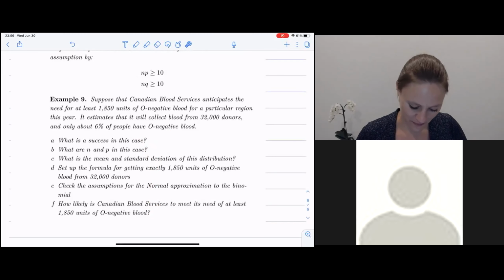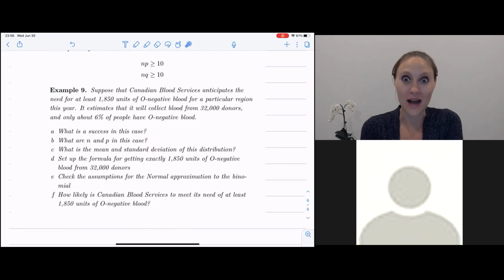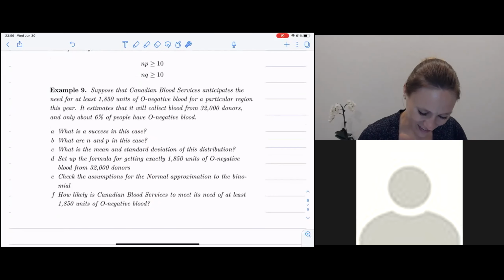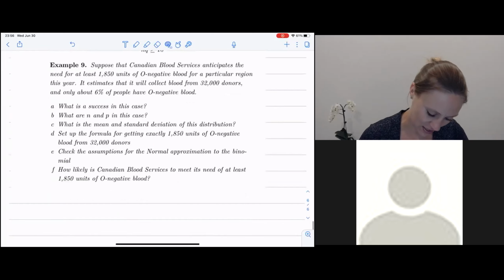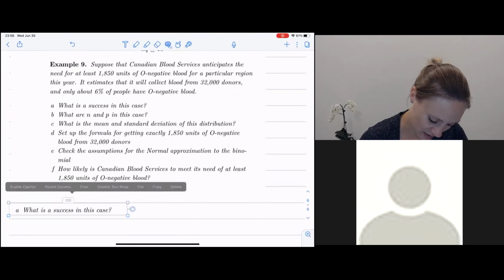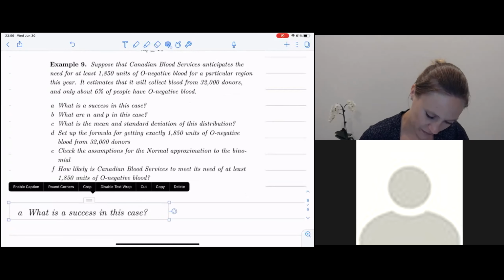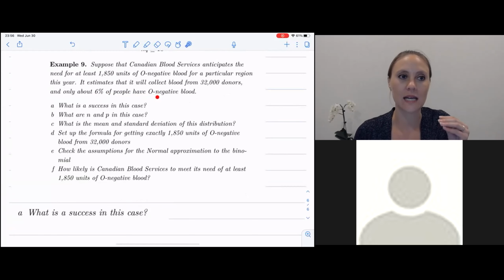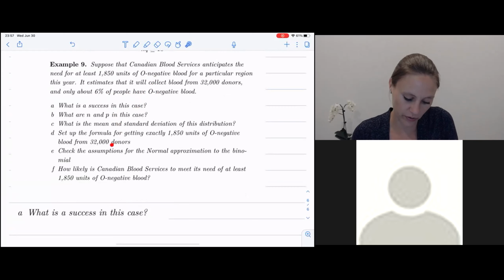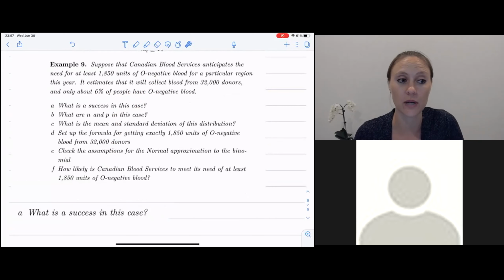Okay, so welcome back. We want to talk about what is a success in this case. A success is having O negative blood, because we're concerned with the number of units of O negative blood. We have the probability of O negative blood, and presumably, if you read through these questions, they're going to be about O negative blood.